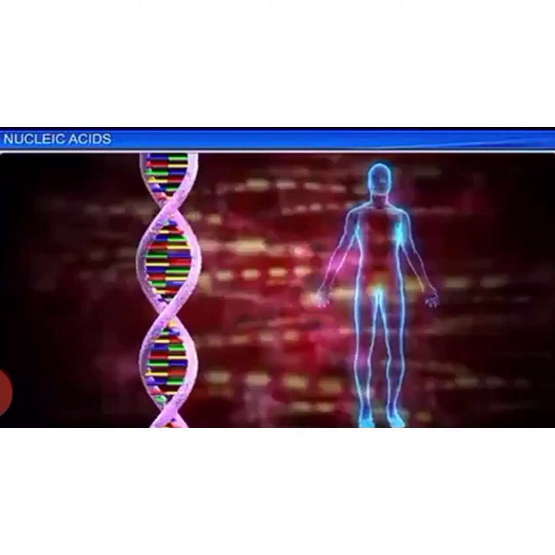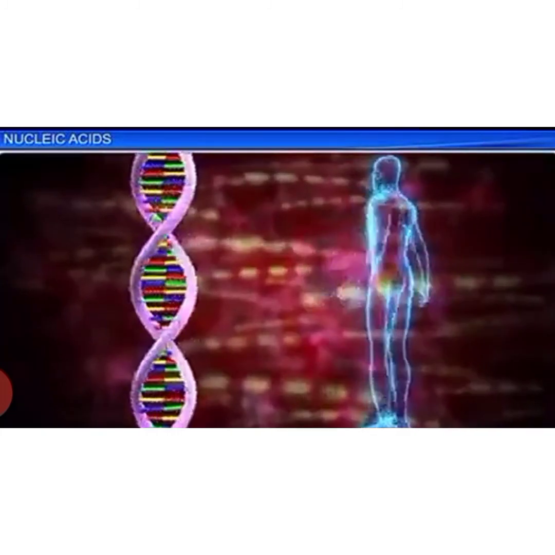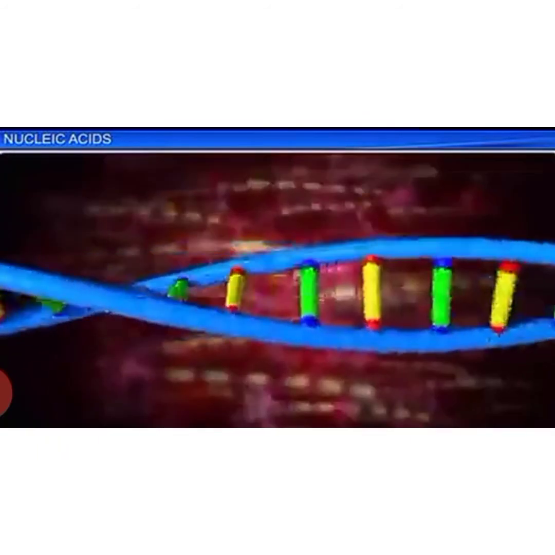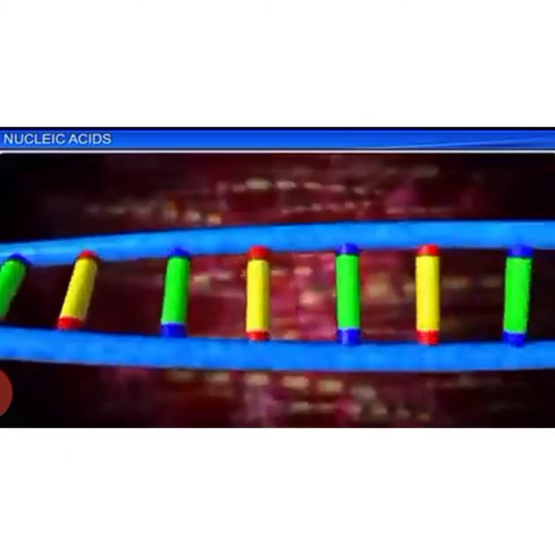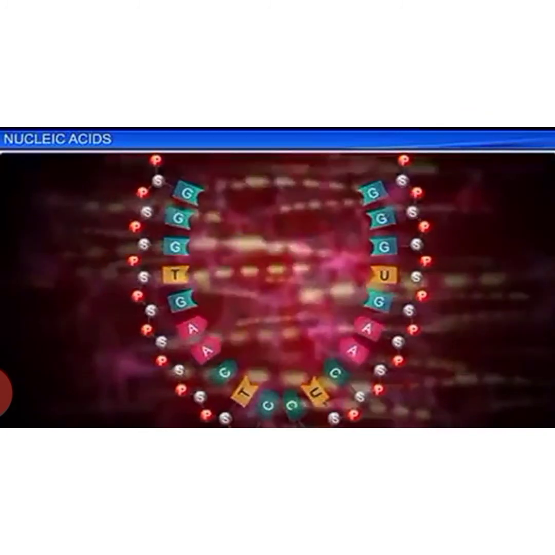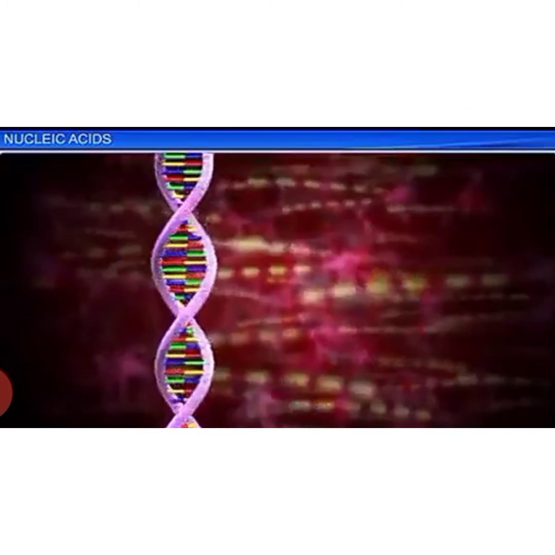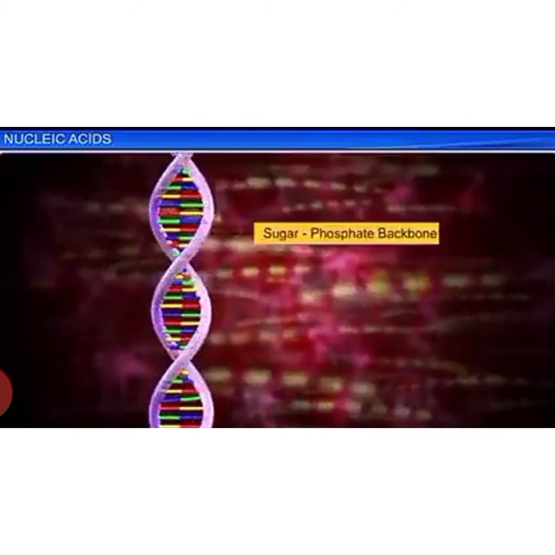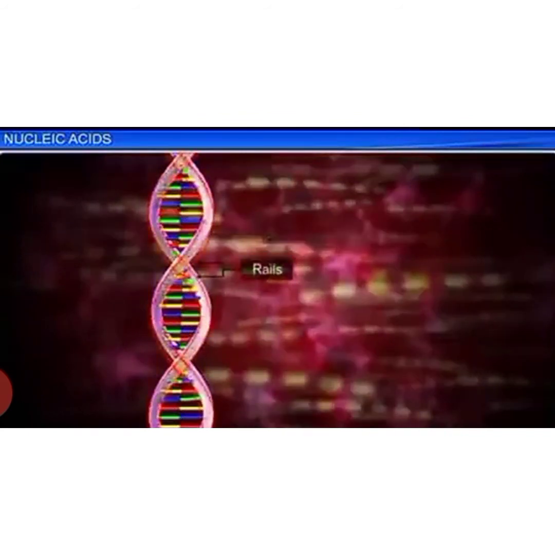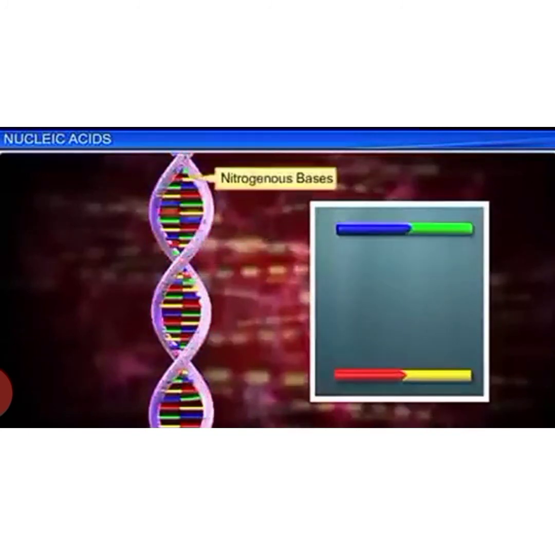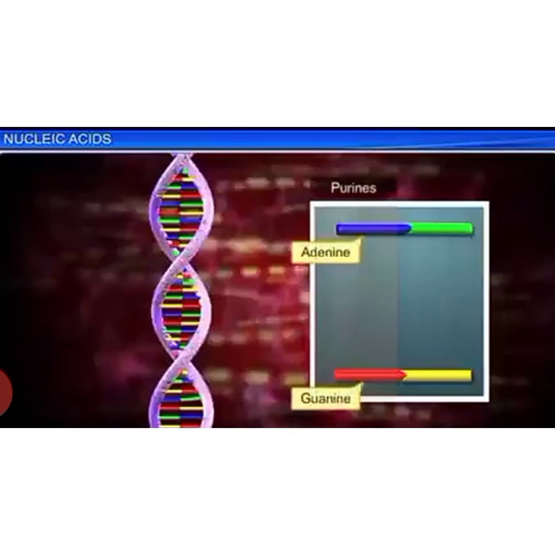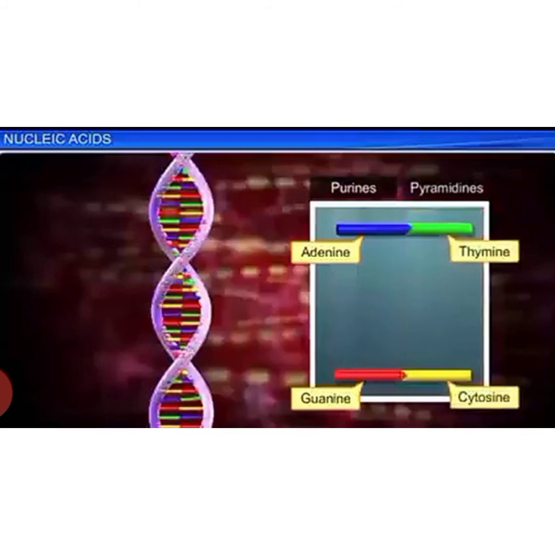DNA forms a secondary structure in the form of a double-stranded helix, like a twisted ladder. 2 strands of DNA interact to form the double helix, where the sugar-phosphate backbone forms the rails of the ladder, while pairs of nitrogenous bases, either purines or pyrimidines, form the rungs or steps of the ladder.